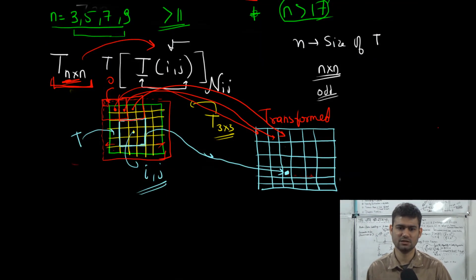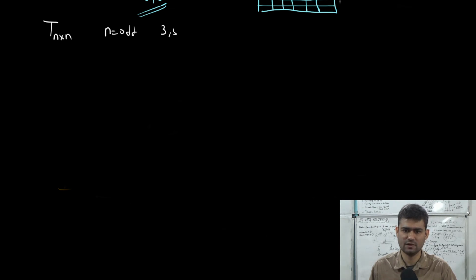So the pixel takes the central pixel value as well as its neighbors into account and runs some transformation depending on what function it is using, and gives us the transformed pixel value in the transformed image. So to summarize this, our filter is n cross n, where n is odd, usually 3 or 5 or 7 or 9, the most common values.